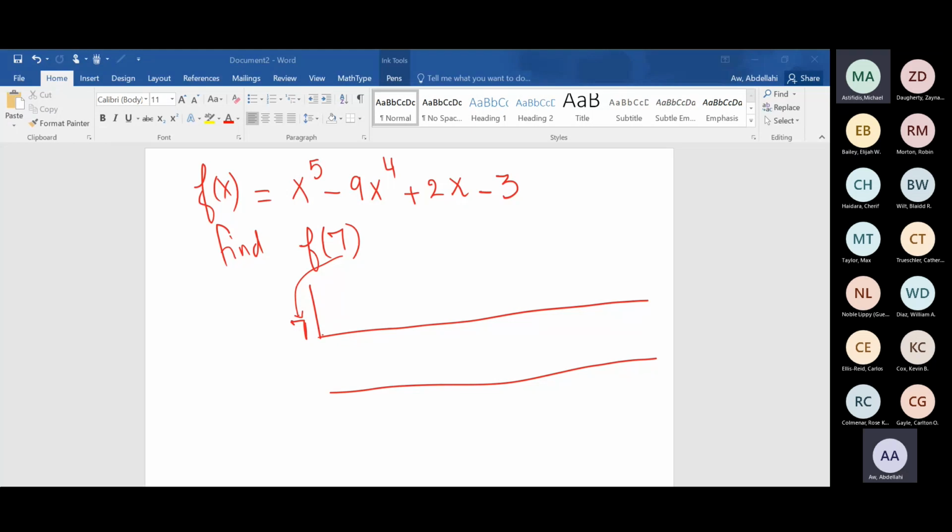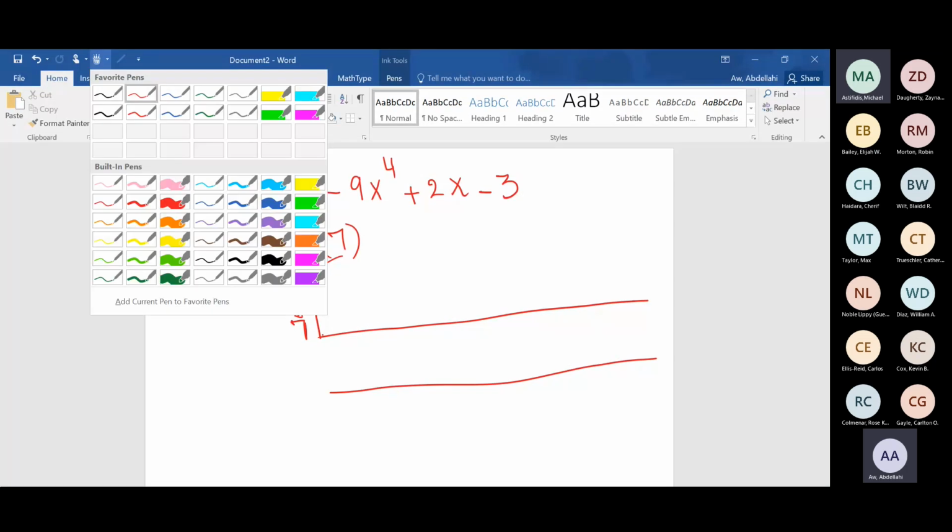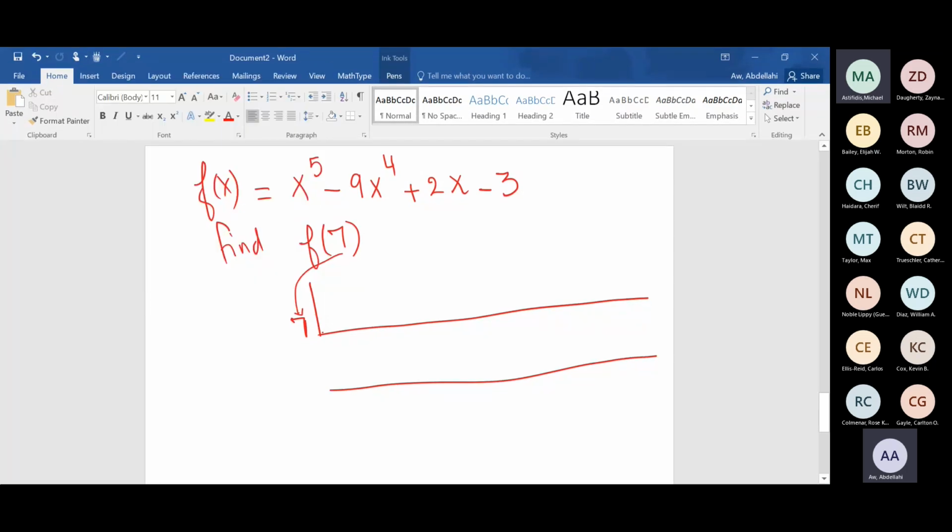For the totals, I got 1, -2, -14, -98, -684, and -4,804. That's a lot. That is a lot. So maybe there were some mistakes somewhere.